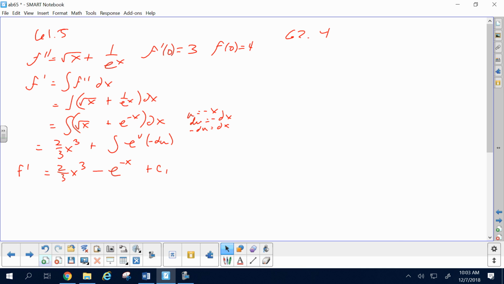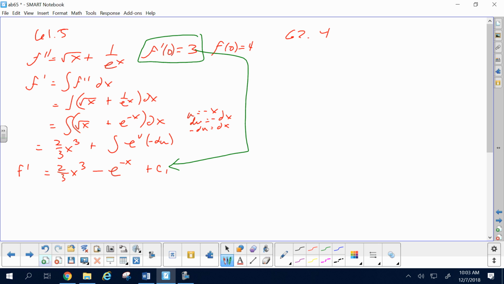Okay, now use the initial condition here. If I use this initial condition at this point, that allows me to find C1. 3 is equal to 0 minus e to the 0 plus C1. A common mistake is to not evaluate that e to the 0 term and think it's 0, when in fact it is 1, so C1 is 4.